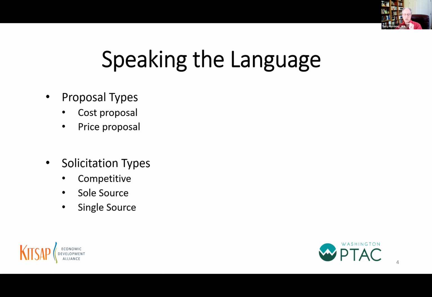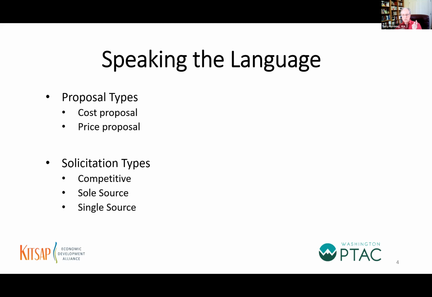So in some solicitations, the agency is going to ask you for a cost proposal, vice a price proposal. So you're going to have to provide your working sheets of your direct costs, your indirect costs, your profit, your taxes, your bonds, and so on and so forth. That is a cost proposal. Now, when you add up all those costs, you come up to a grand total at the bottom.